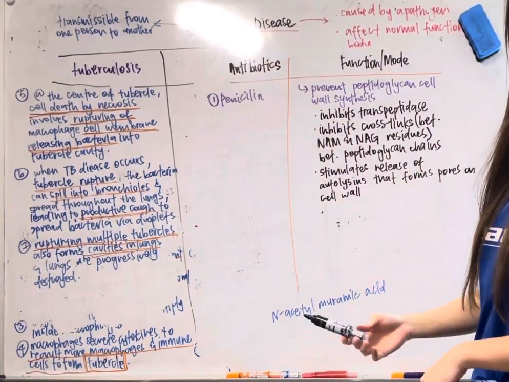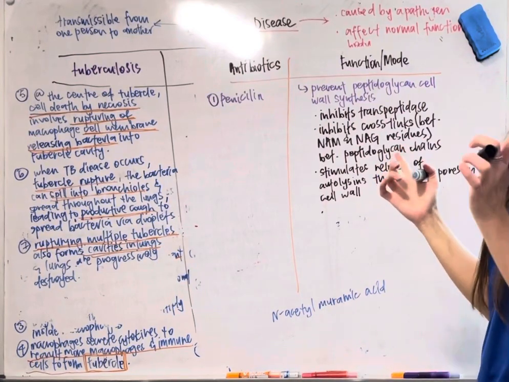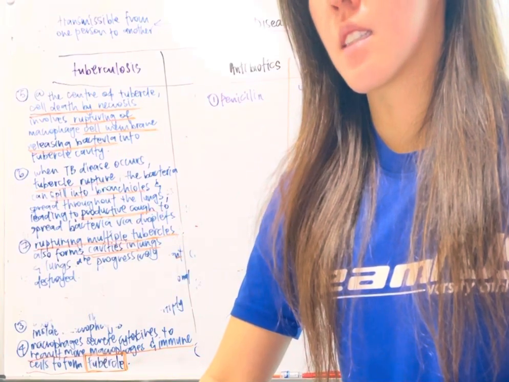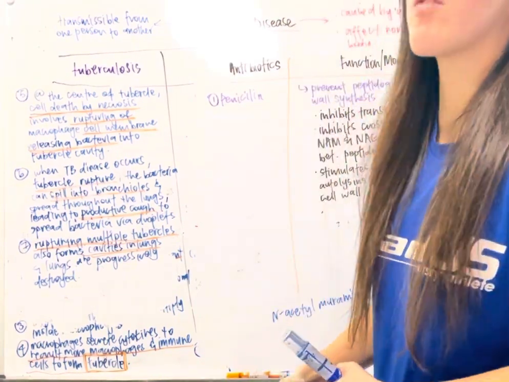The idea is that this bacteria will be more prone to undergo osmotic lysis, especially when you have increased turgor pressure.